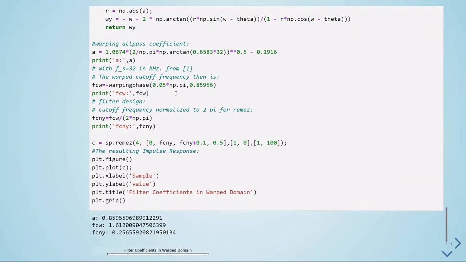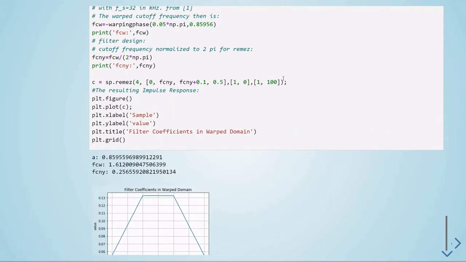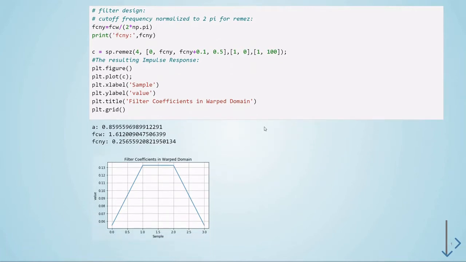Here A is the warping all-pass coefficient, FCW is the warped cutoff frequency. Then we normalize the cutoff frequency to 2 pi. We use this as the input for the Remez algorithm, and it gives us the filter coefficients now in the warp domain.